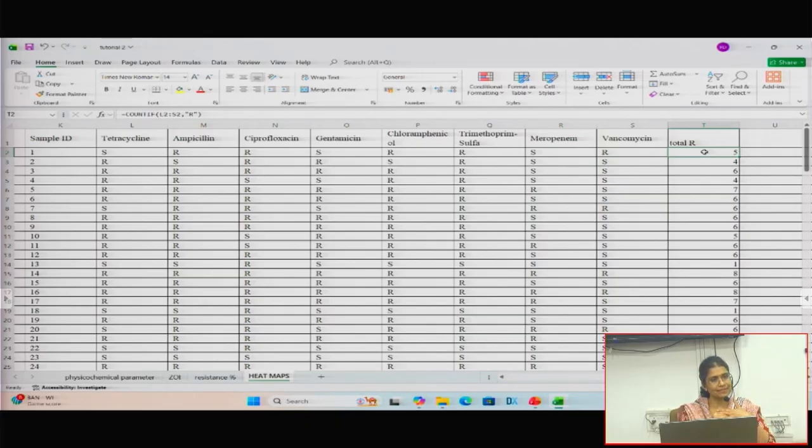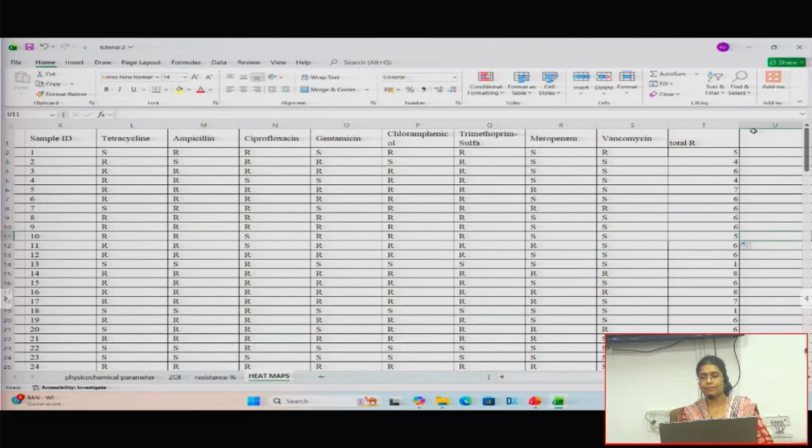Earlier it was easy, it was just 3. Now it is 8. You could come to a situation where it is 20. Then it may not be possible for us to manually count all the R's. So you would just put a formula like so. Equal to COUNTIF, give the range of those columns, and if R, then it counts. Then just drag this throughout the entire sheet. You'll get all the values.